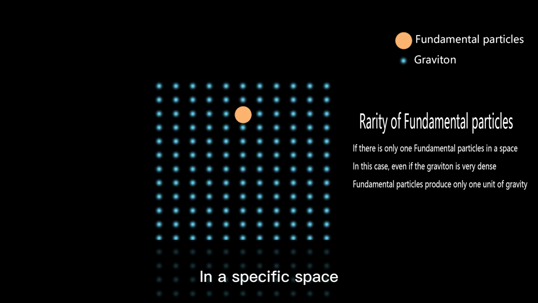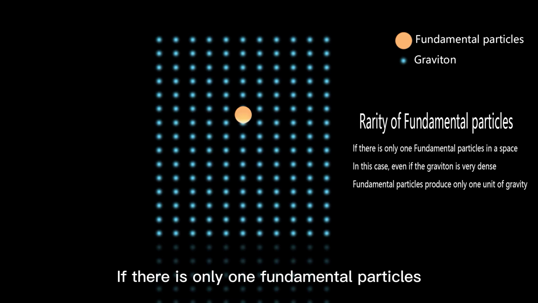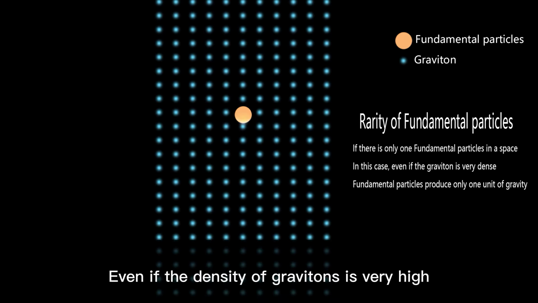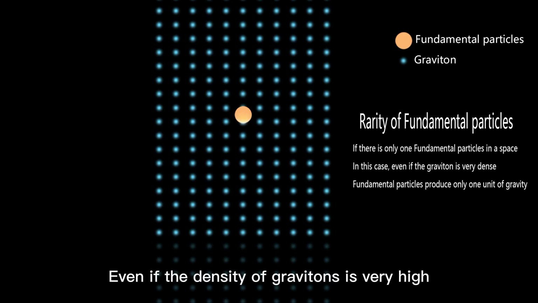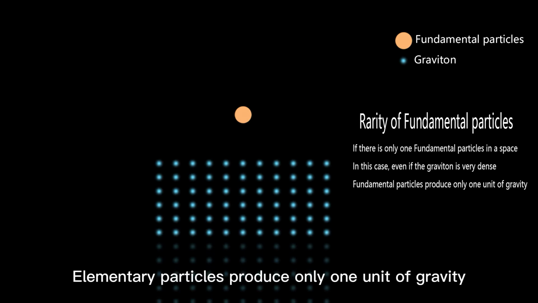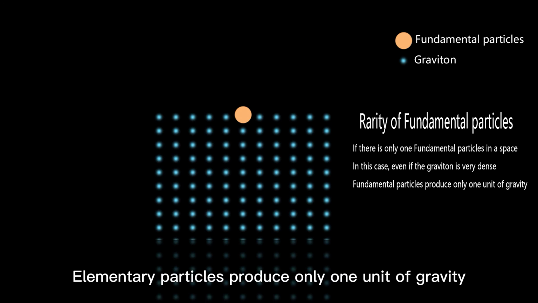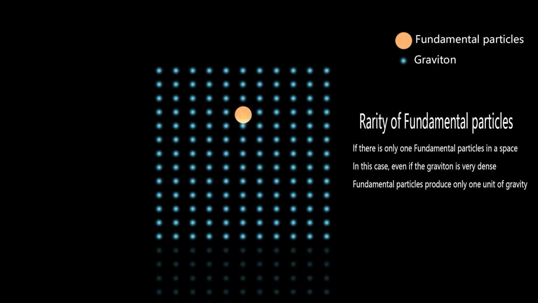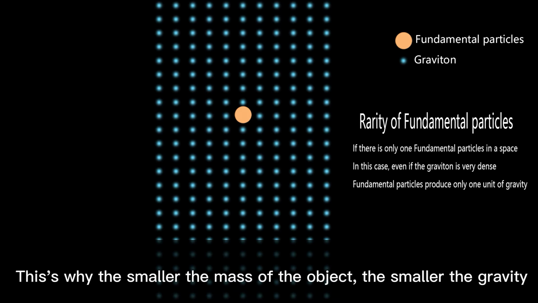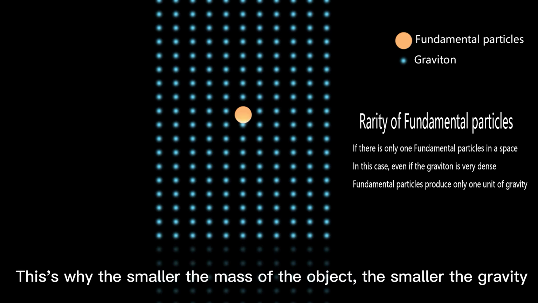In a specific space, if there is only one fundamental particle, then even if the density of gravitons is very high, at this point in time, the elementary particle produces only one unit of gravity. In a specific scene, this is why the smaller the mass of the object, the smaller the gravity.